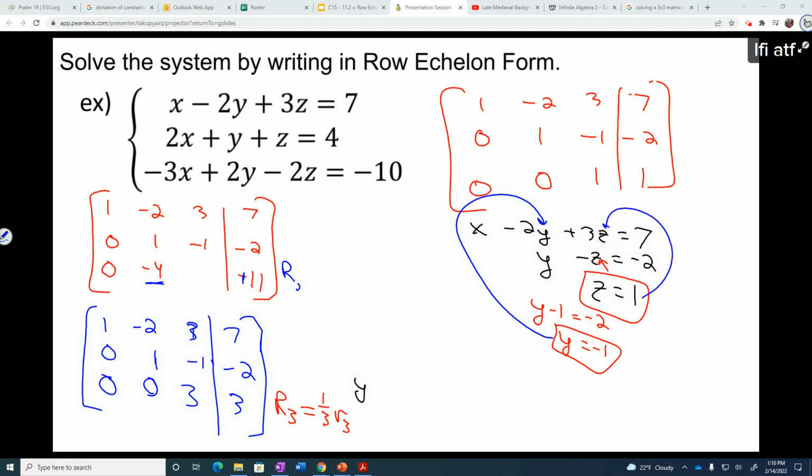So plug both in to get the final answer. x minus 2 times negative 1 plus 3 times 1 equals 7. So this becomes x plus 2 plus 3 equals 7. X plus 5 is 7, so x is 2. And then so our answer is 2, negative 1, 1.